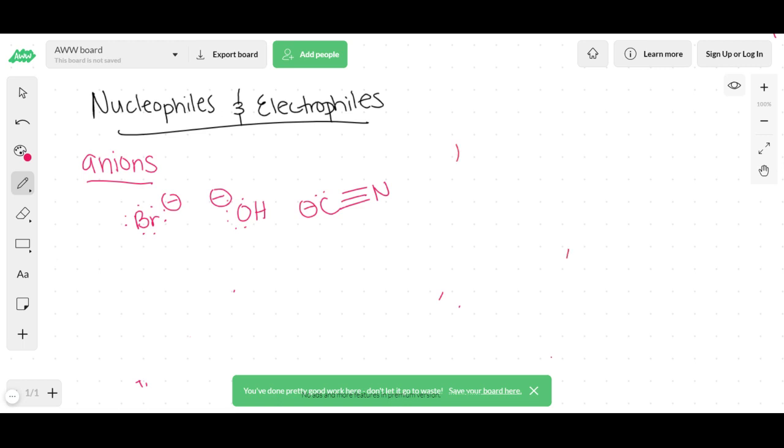Now, another category within nucleophiles are those molecules with pi bonds. Those would include alkenes, so something like this. Alkenes certainly can serve as a nucleophile, and even an alkyne, something like this.